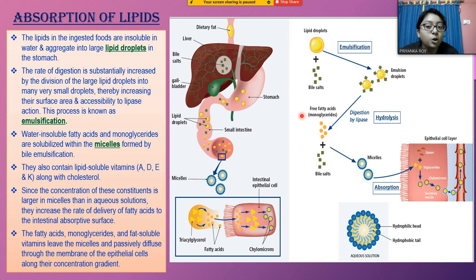So, the bile salts help in this emulsification. Emulsification means the breaking down of larger lipid droplets into smaller ones, giving the lipase more and more surface area to work upon. In this condition, the micelles are passing through the small intestine.